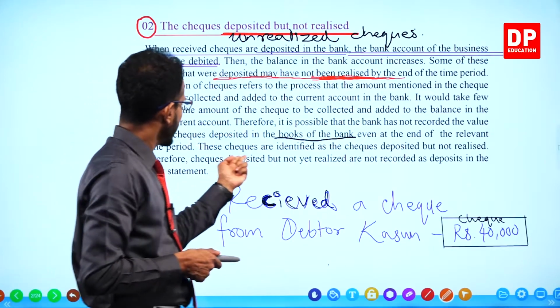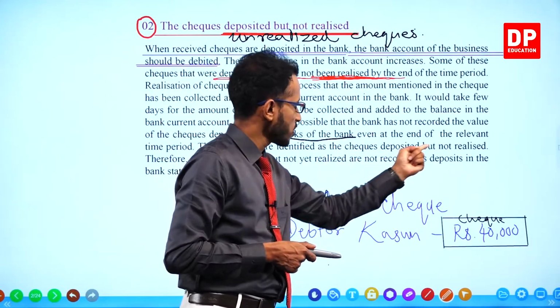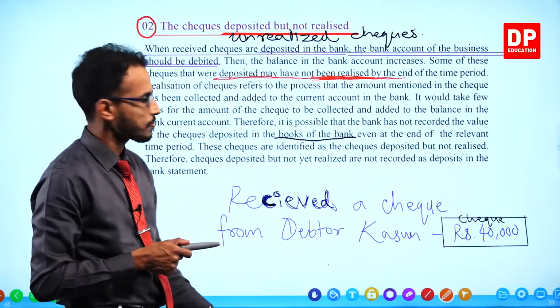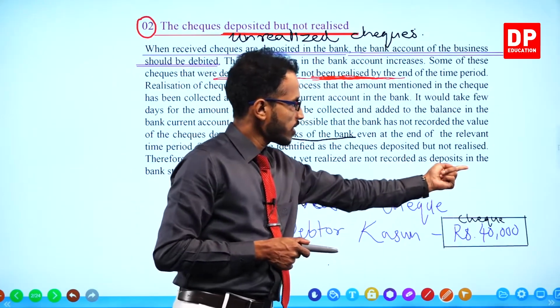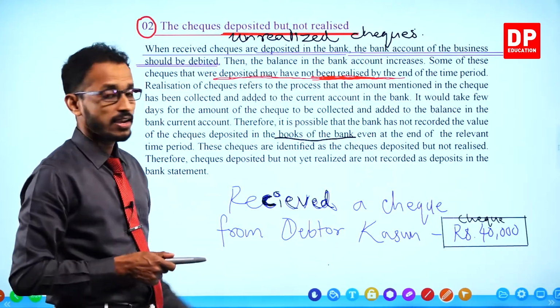These checks are identified as checks deposited but not realized. Therefore, checks deposited but not yet realized are not recorded as deposits in the bank statement.